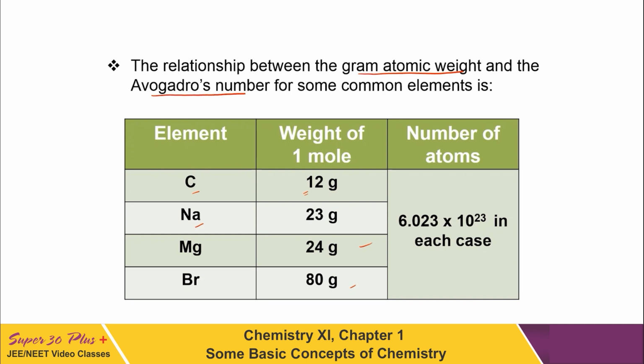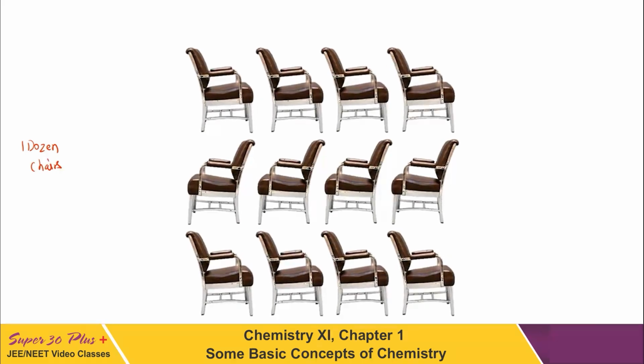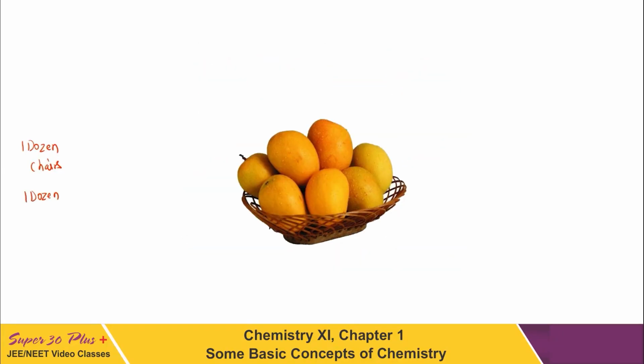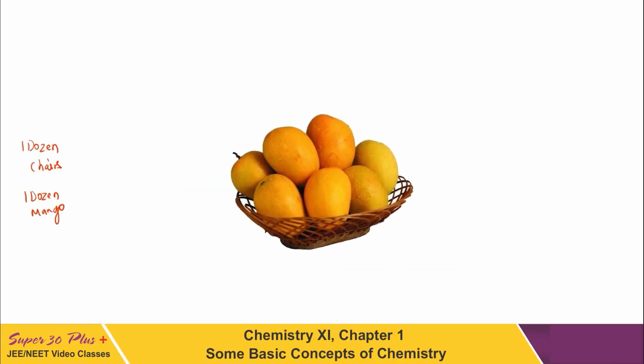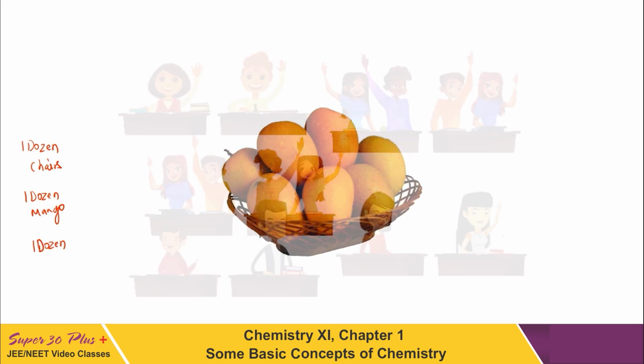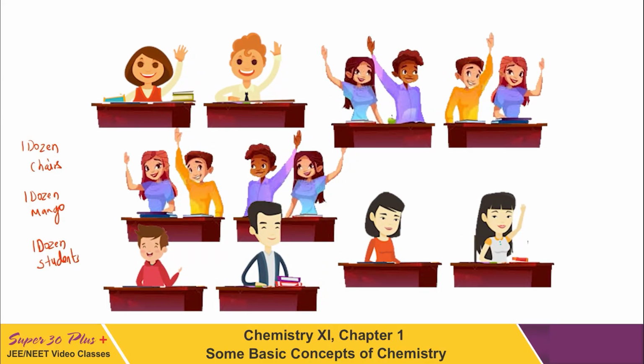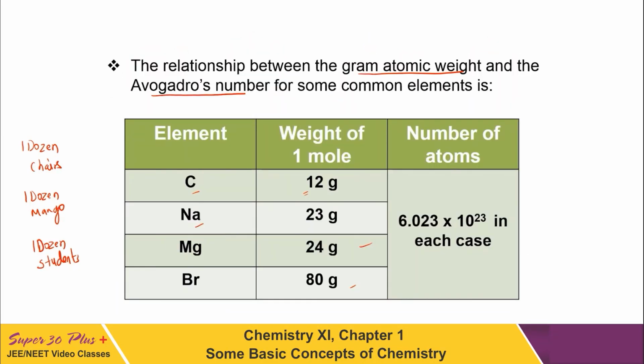You can understand, suppose I say 1 dozen chairs, 1 dozen mangoes, 1 dozen students. Definitely they will not have the same mass. The mass of 1 dozen chairs will not be equal to the mass of 1 dozen mangoes.